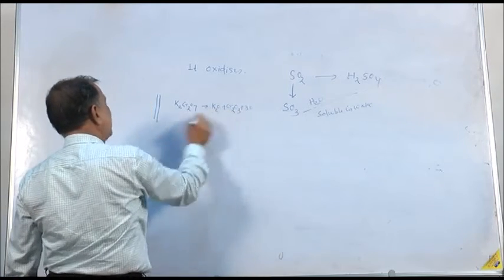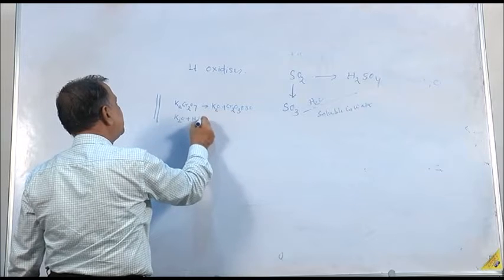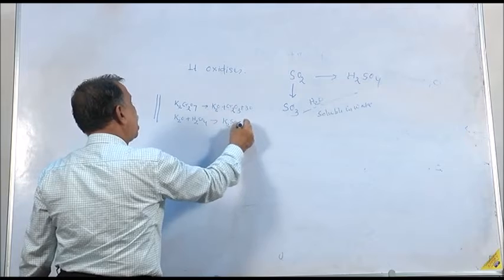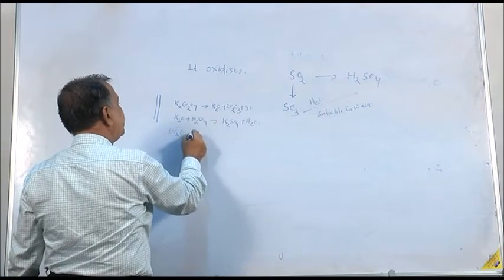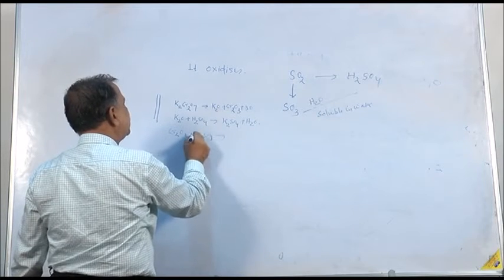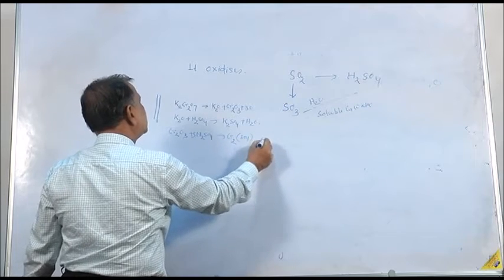K2O plus sulfuric acid gives K2SO4 plus H2O. Cr2O3 plus sulfuric acid gives Cr2(SO4)3 plus 3H2O.